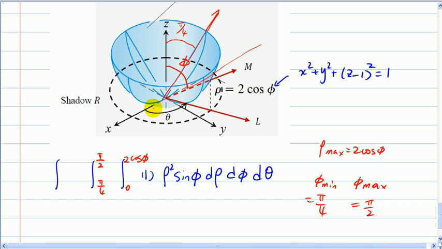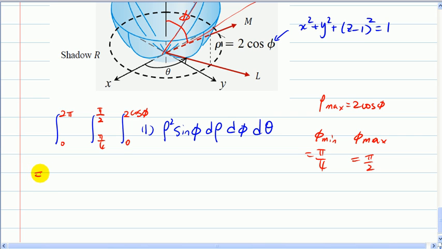In this particular case it's very simple: 0 to 2 pi. So now your whole triple integral is set up, and you are ready to do it.